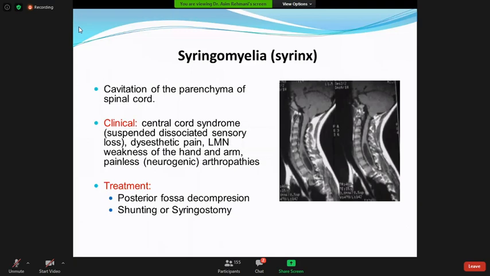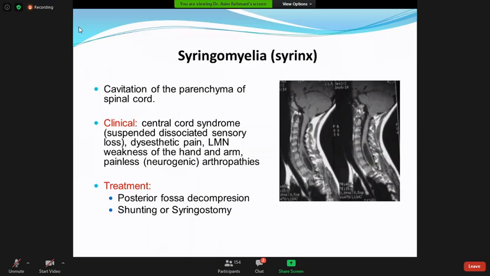Treatment usually is on the basis of the cause. If the syrinx is due to Chiari malformation, it is treated by posterior fossa decompression as in Chiari malformation.